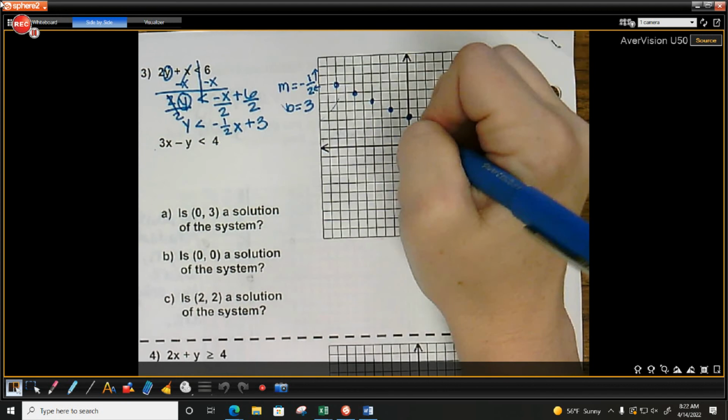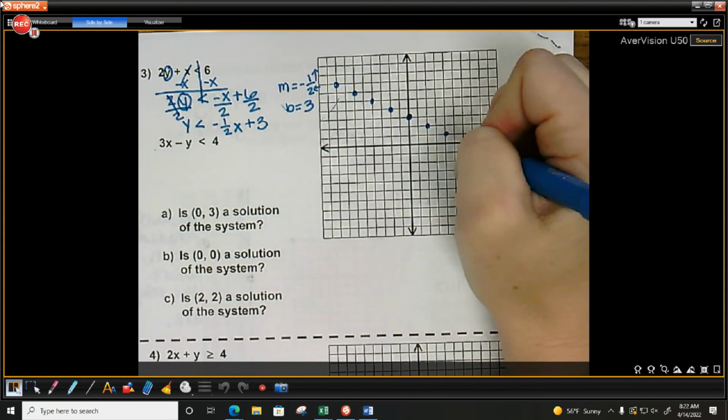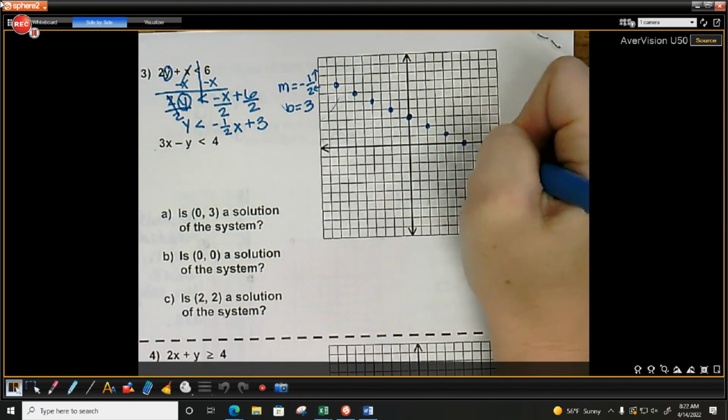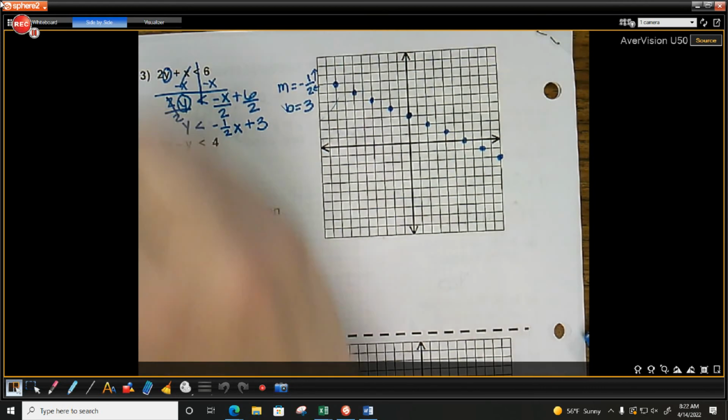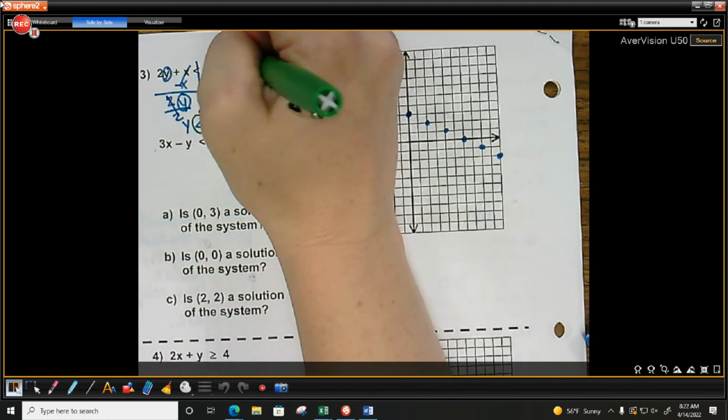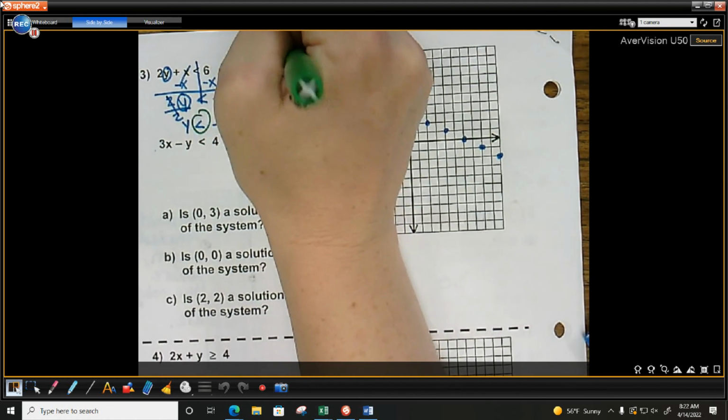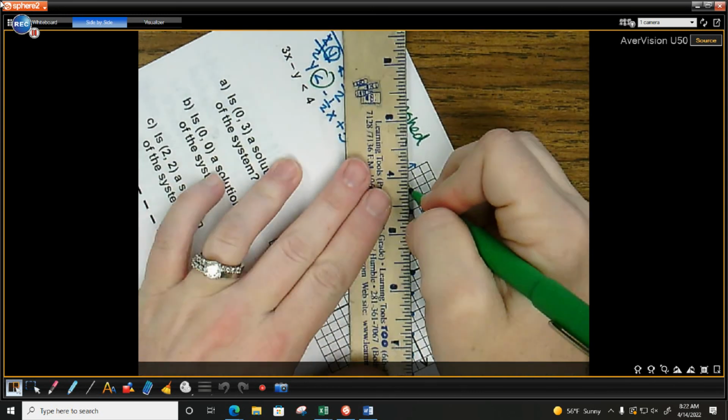Okay, is this a solid or dashed line, Michaela? It's going to be dashed, because you do not see the solid line under the inequality. Again, if you do not see that equal to line, it does not make a solid line.